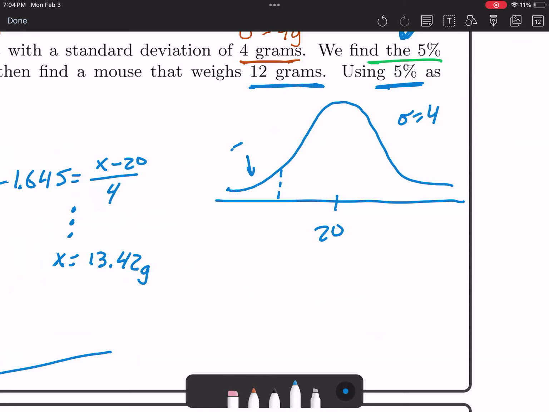And the point that gives me 5% in my left tail is 13.42 grams. And the point that marks significantly high weights, which gives me 5% in the right tail, is 26.58.